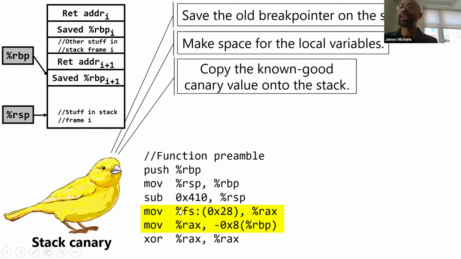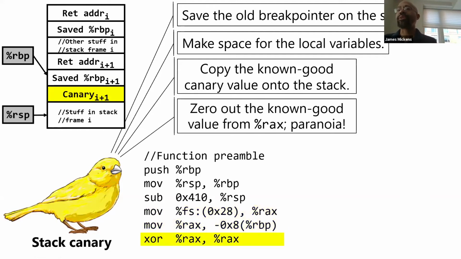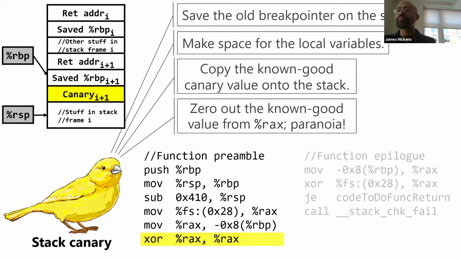So this is saying, given the base address in this FS register, I want to take the memory value that's at offset hex 28 from it and store it to RAX. This is the known good value of the stack canary, and then we're moving it onto the stack. If we look off to the left, that's where the canary is. Then we're going to zero out the known good value from RAX because paranoia, we don't want that canary value hanging around where the attacker could see it.